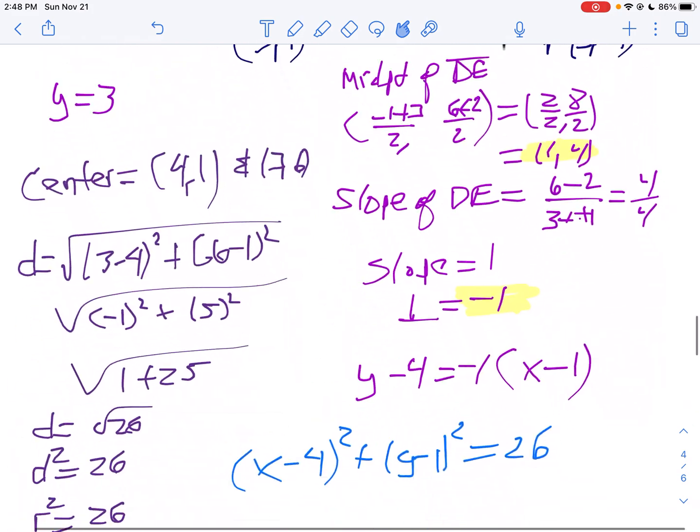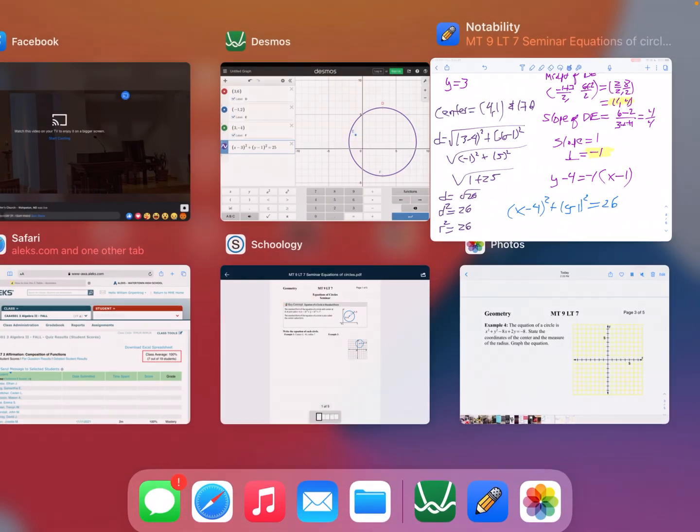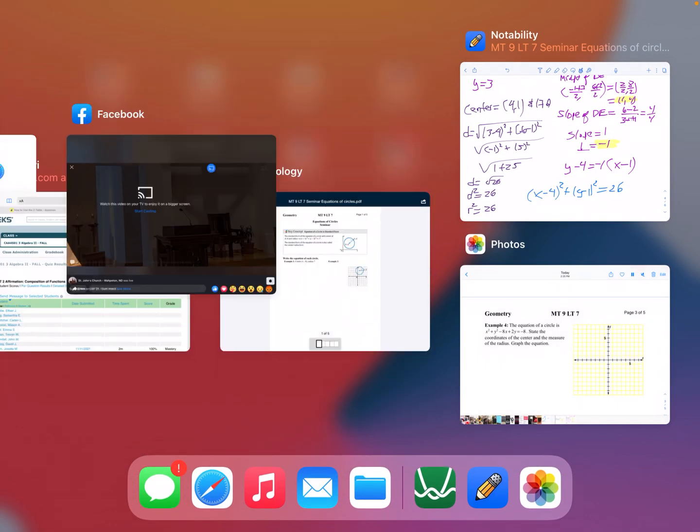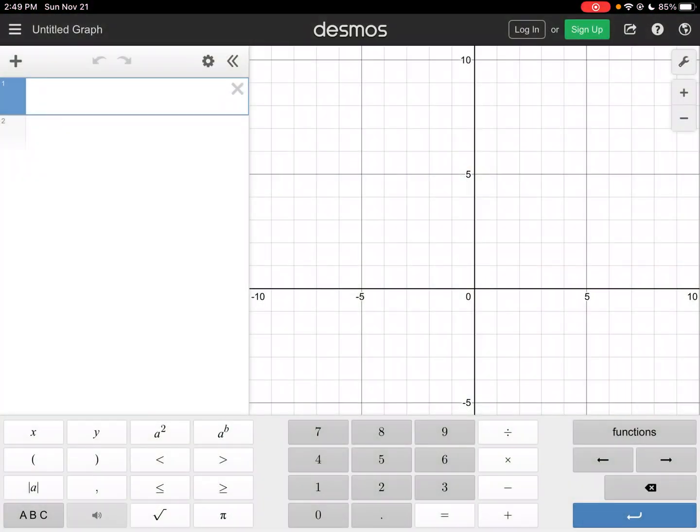So I'm going to use technology here. I'm going to go into Desmos and plot my 3 points. D is at (3, 6). Whoops, I put a decimal there. I meant a comma. (3, 6).